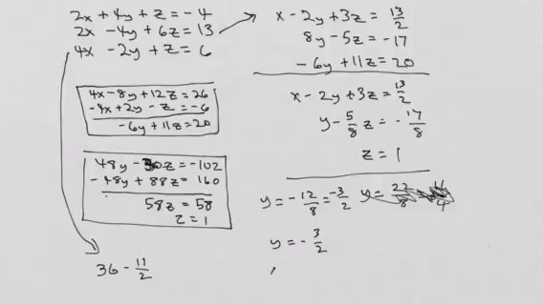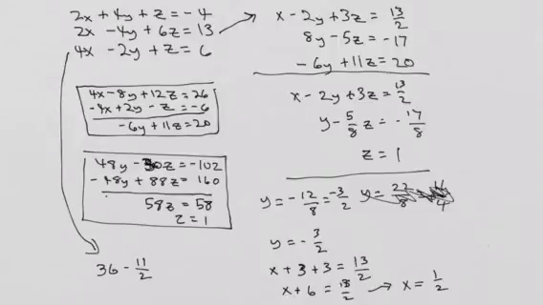We would get x minus y plus 3z, so x plus 3 plus 3 equals 13 over 2. That's x plus 6 equals 13 over 2, and that means x equals 1/2.